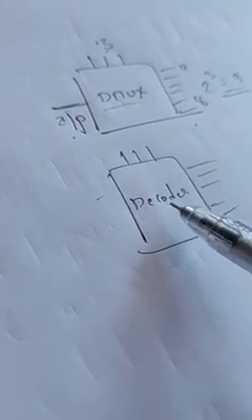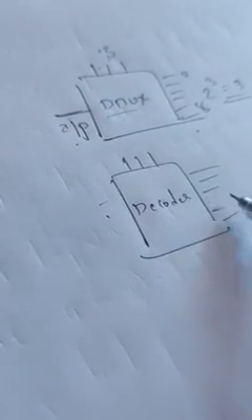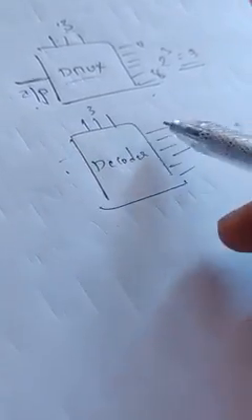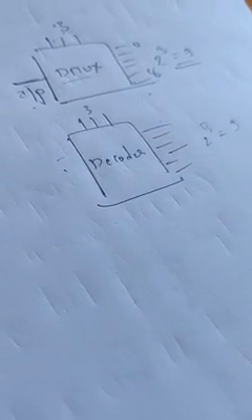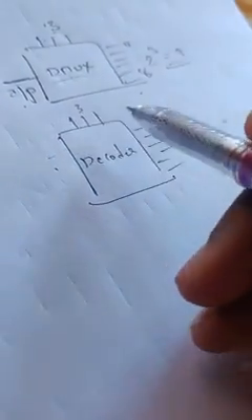So in case of decoder, there won't be an input, only the outputs. If there are 3 control inputs, 2 to the power of 3 is equal to 8 outputs will be there.